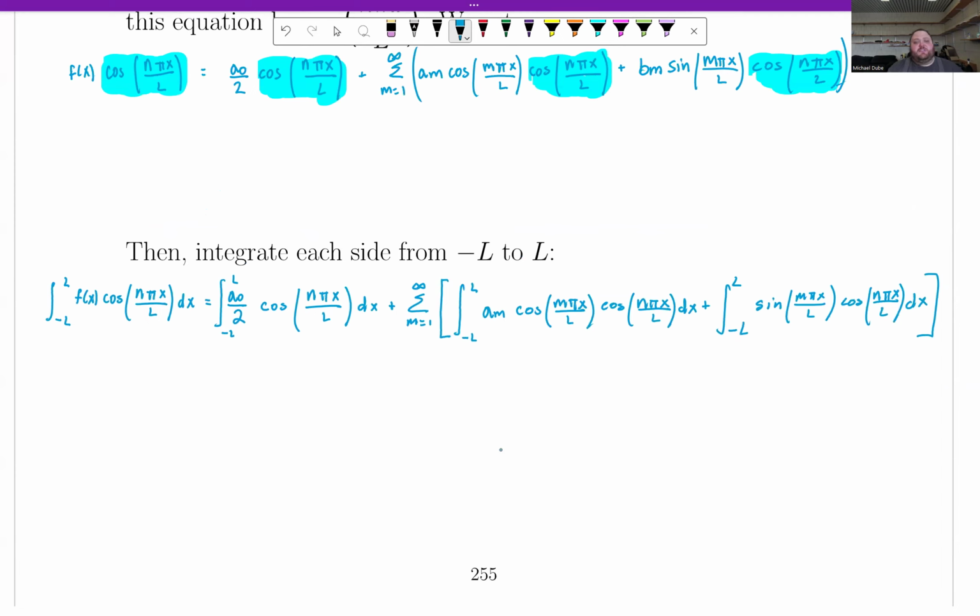Okay, good. So now we want to consider what's going on here. Here we have some constant times cos of n pi x over L. Okay, and so we want to think about this. We are integrating over an entire period. So recall the period of cos n pi x over L is 2L.